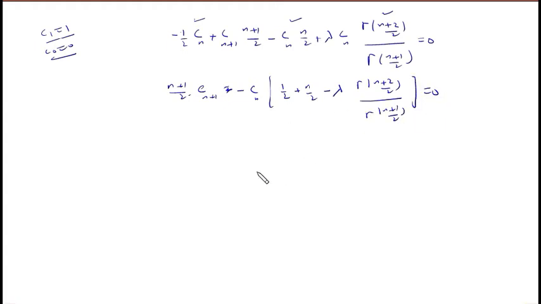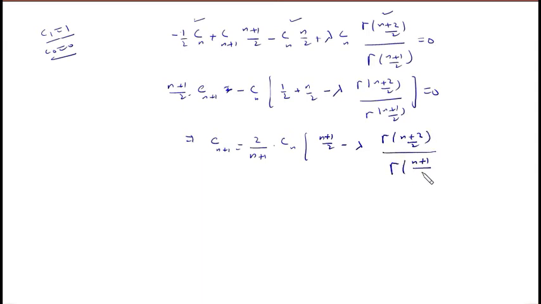Shifting this term on the right hand side, I am left with cn plus 1, and dividing by this coefficient, it becomes now 2 over n plus 1 into cn. Inside I can take LCM from first two terms, which is n plus 1 over 2 and lambda times gamma of n plus 2 over 2, and in the denominator gamma of n plus 1 over 2.